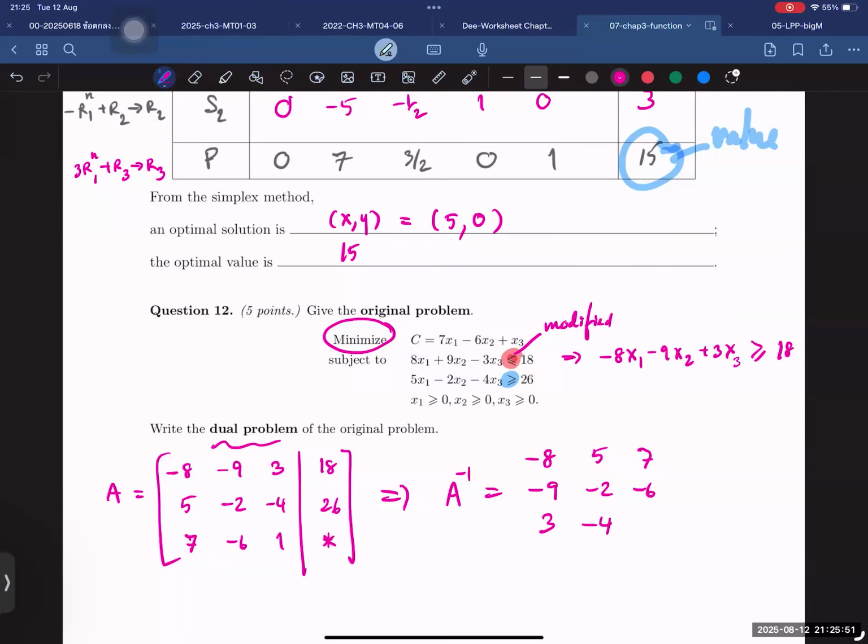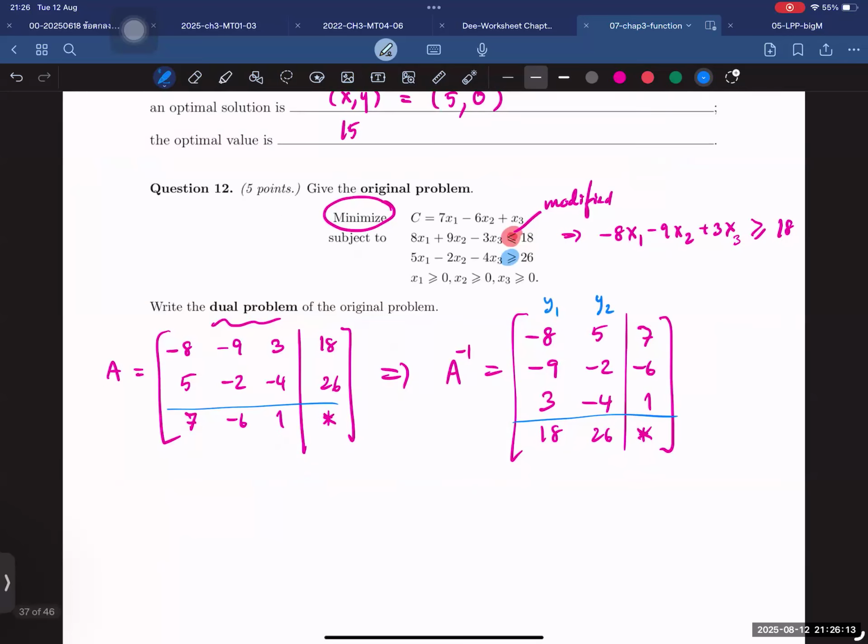So we start from x1, x2, x3. Now we have y1 and y2 as the new variables. Since we started from minimize, we are going to maximize, using this as the C. So we maximize 18y1 plus 26y2, subject to the constraints.